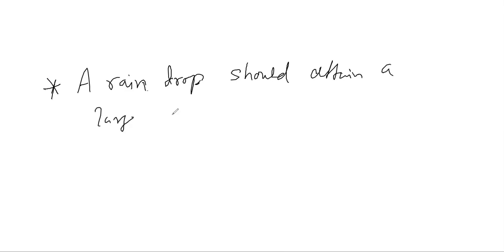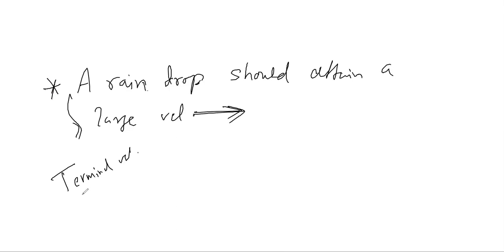There is one question which often comes in exams, that a raindrop should attain a large velocity because it is falling from a very large height, but it doesn't do so. It falls with a very small velocity. What is the reason behind this?